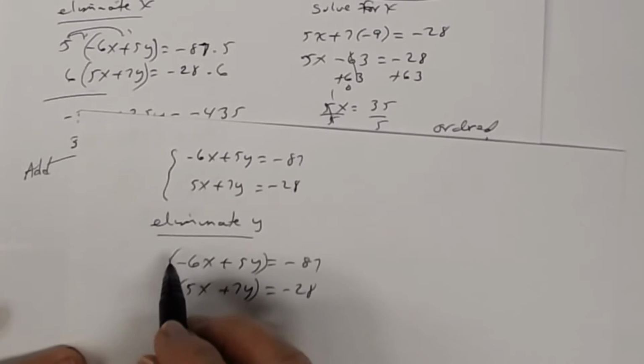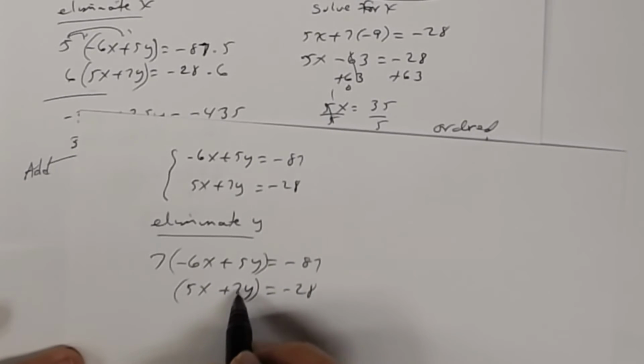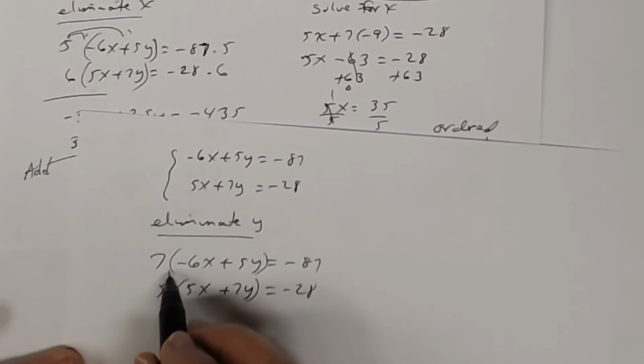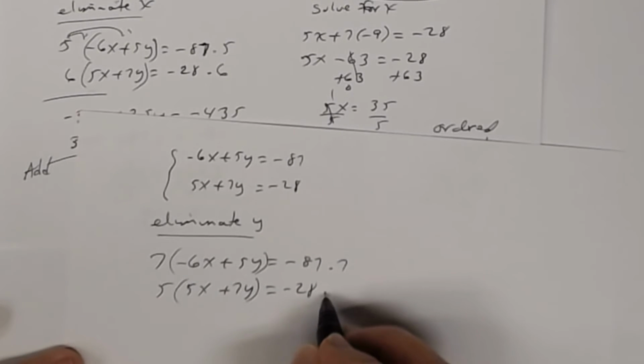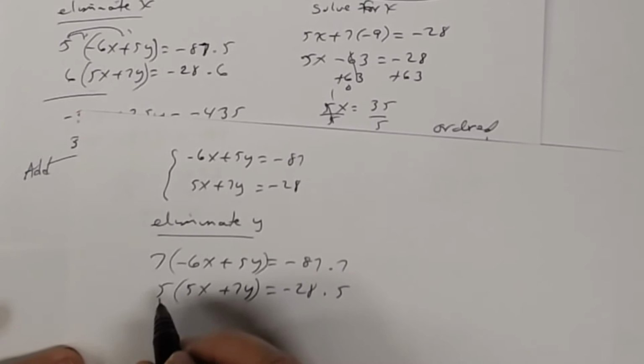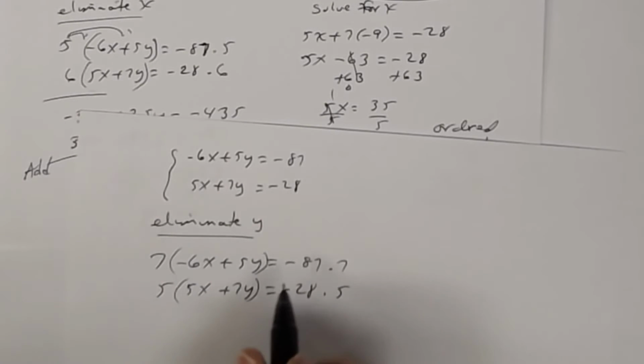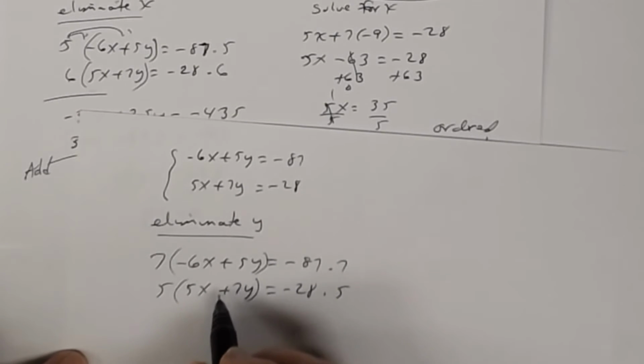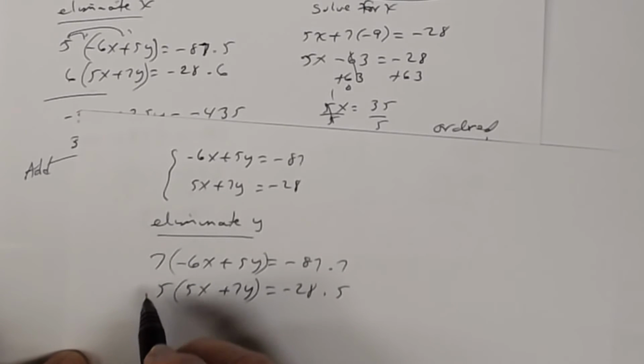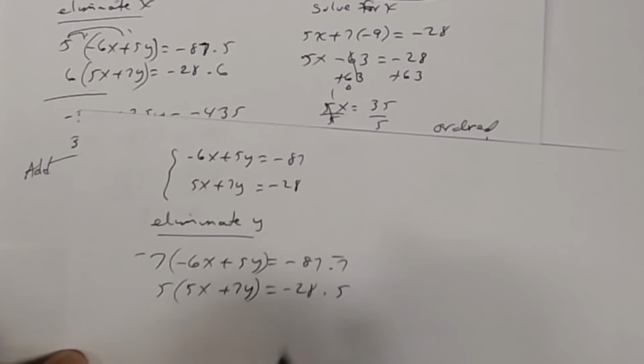So 5 times 7 is 35, and 7 times 5 is 35. But remember, what I do to one side, I do to the other, right? But be careful, you need these to be opposites, so it doesn't matter which one of these is negative. I'm just going to make the 7 negative.